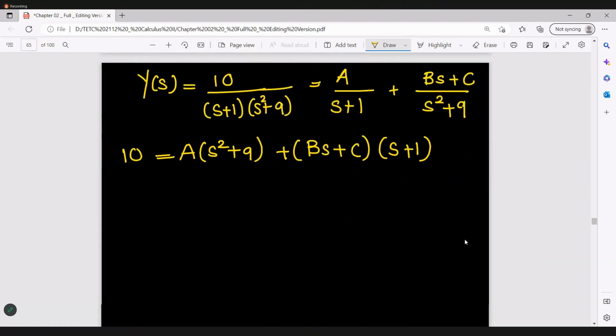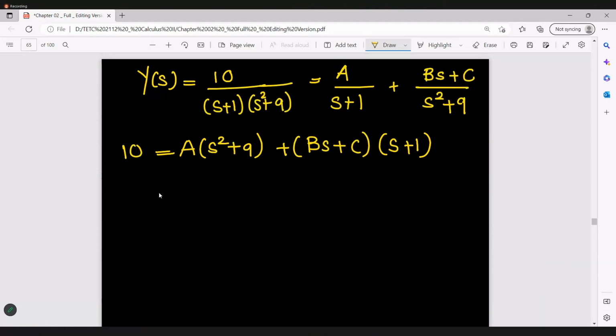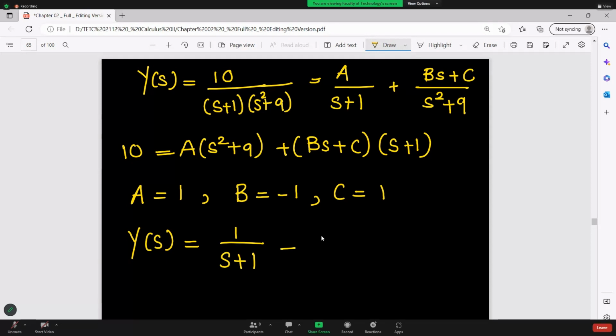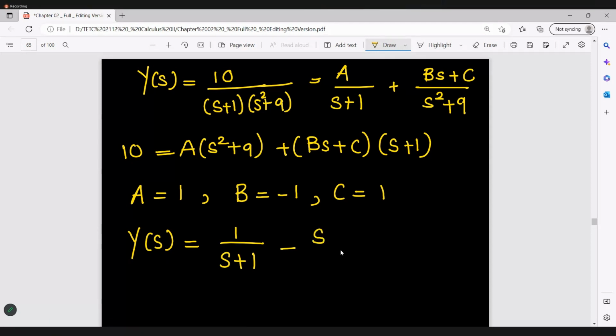Then it will provide A is equal to 1, B is equal to minus 1, and C is also equal to 1. So you can write capital Y of S as 1 over S plus 1 minus 1 over S squared plus 9.